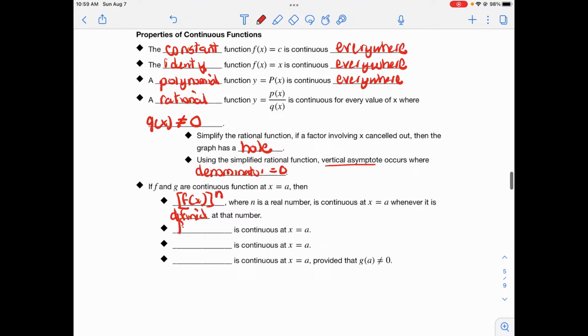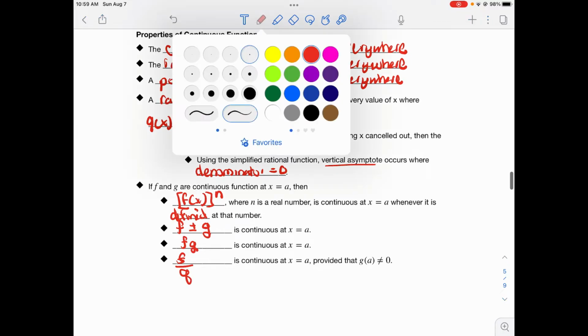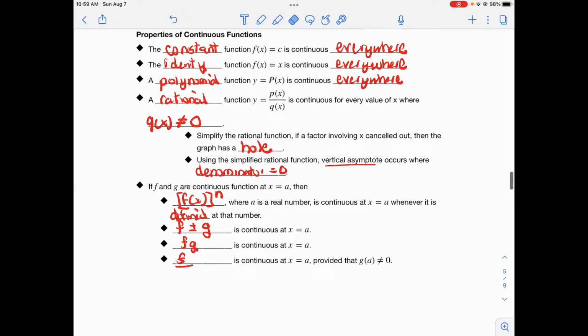If you take a continuous function and add another continuous function, or a continuous function minus a continuous function, it is continuous at x equals a. Since f and g are continuous at x equals a, if you take f times g, it is also continuous at x equals a. And if you take f divided by g, g, not q, it will be continuous everywhere.